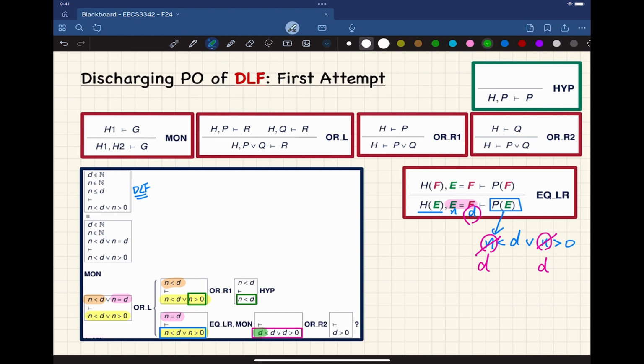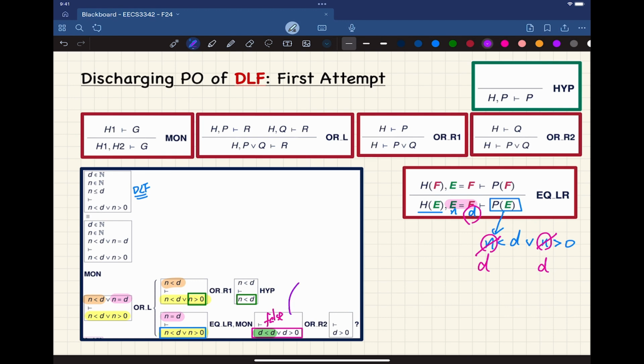If you think about this guy here, D less than D, by arithmetic, I know that it's really false. So it doesn't really make sense to choose this one to prove. What we should really choose instead will be the right-hand side. So there is an alternative over here, which I can show to you very briefly.